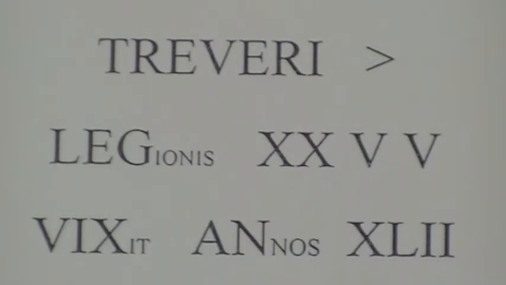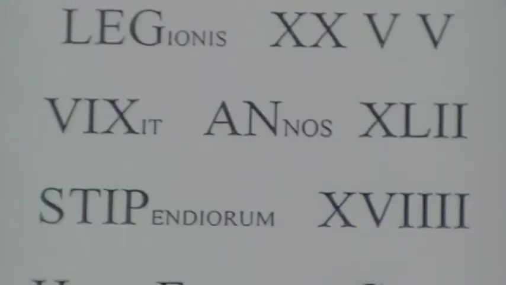On the next line we can see how many years our person lived for. Vixit annos, he lived for years, and then we have our Roman numerals XLII. L is 50. X before the L means you take 10 off, so that's 40. So he was 42 years old. We have some more numbers on the next line.